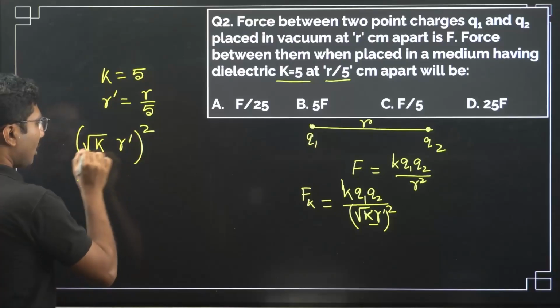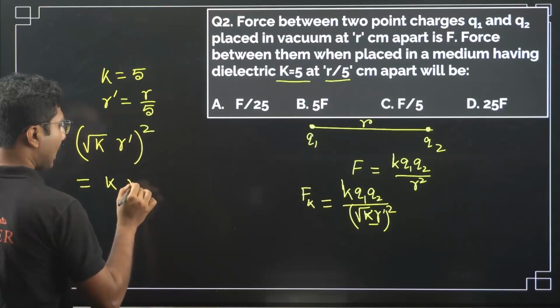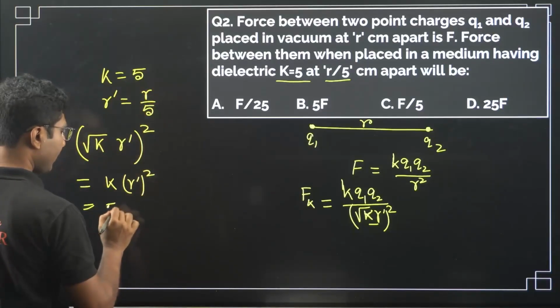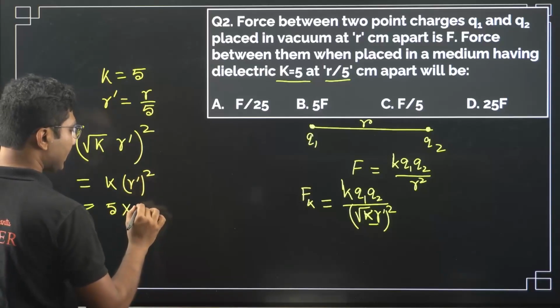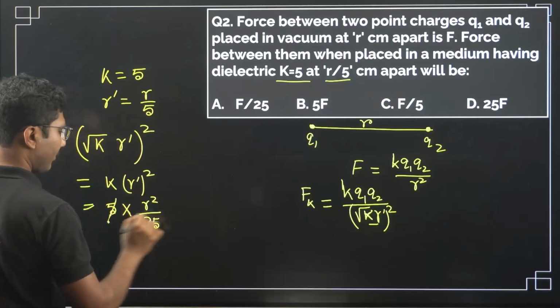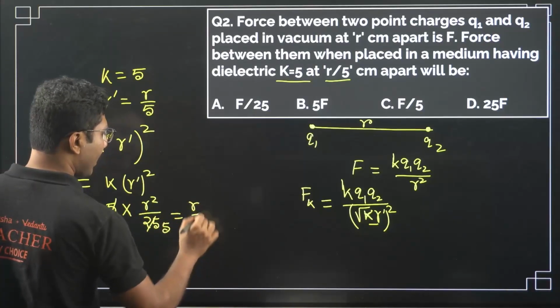If you do the square, you get K into R dash square. K value is 5, R dash is R by 5. So R by 5 whole square is R square by 25. If you cancel, you get R square by 5.